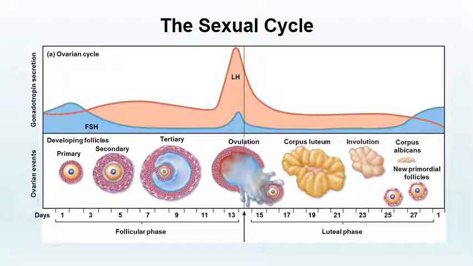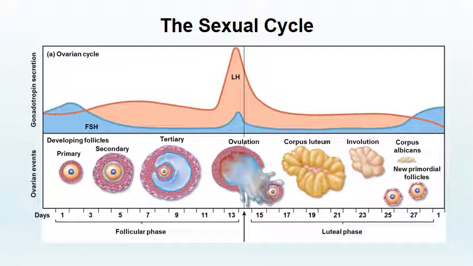Okay, so that sort of late stage mature follicle there that we just saw is what's going to end up being ovulated. So I think now we can start putting together the pieces of what's going on with folliculogenesis and what's going on with our hormones and sort of how these things are related. So what we're going to start looking at is called the sexual cycle.